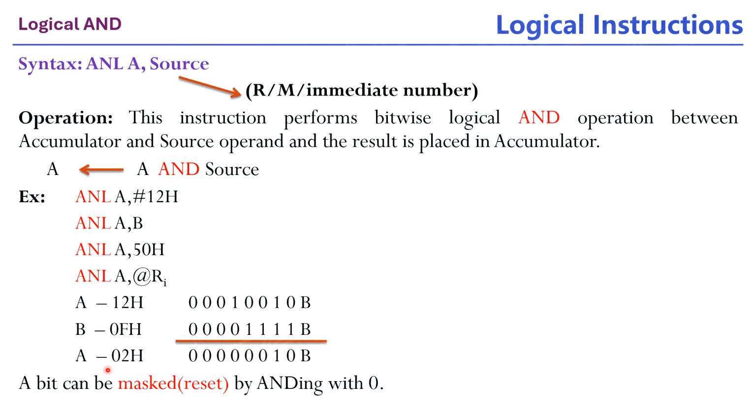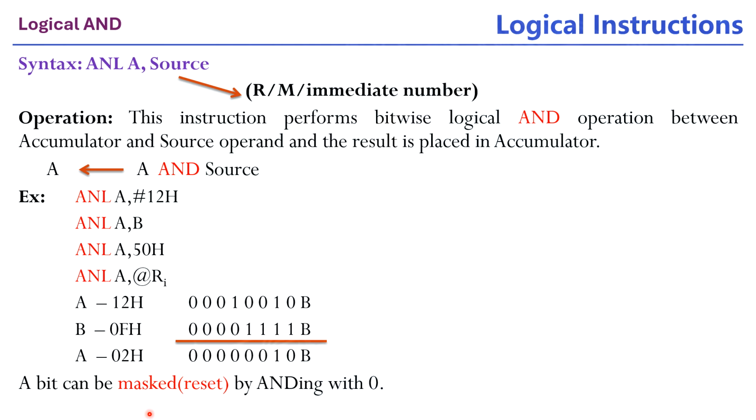This is the result. The result in hexadecimal is 02. This is the binary form, but we can convert it to hexadecimal again and store the value in the accumulator.